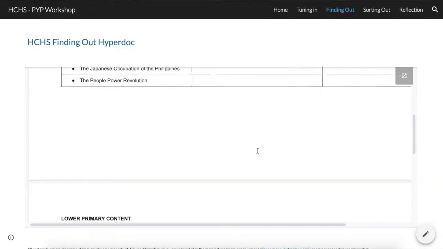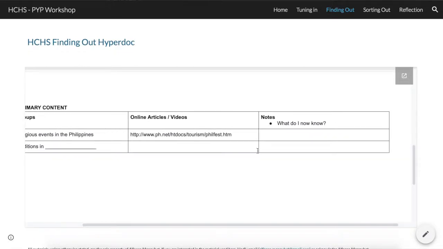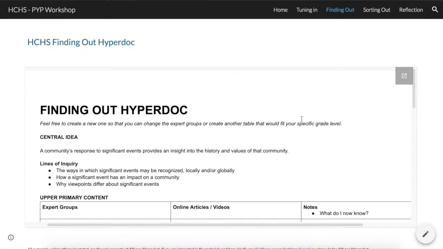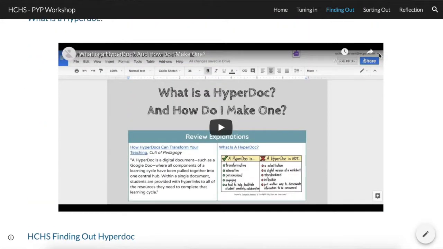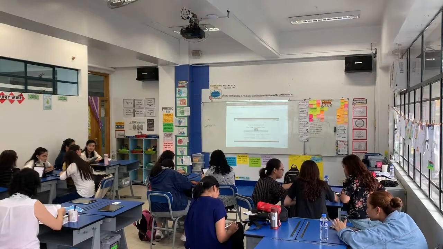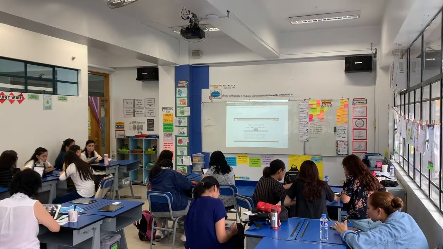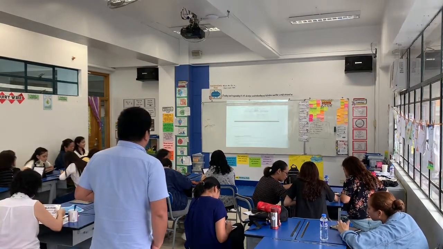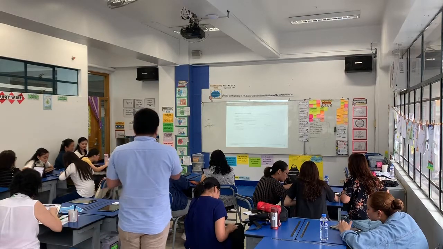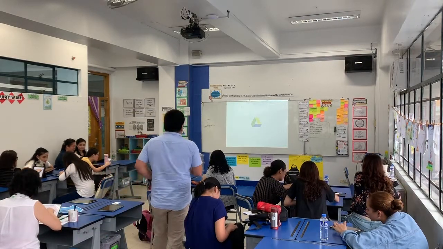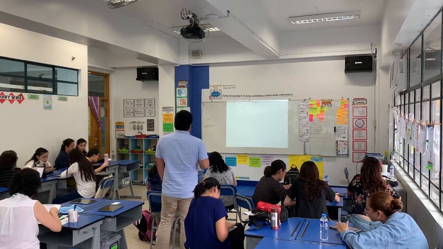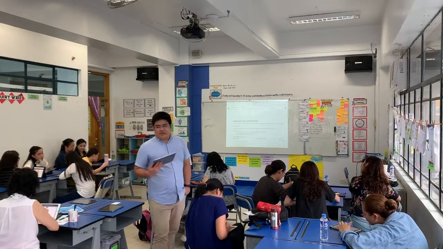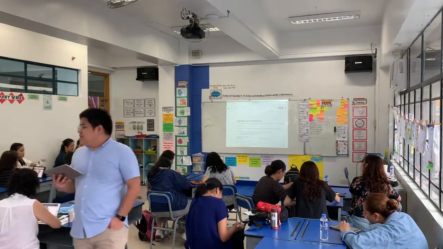And one way that I like to use the finding out and utilizing the different online sources is by creating a hyperdoc. A hyperdoc is basically a Google document where you can create all of your resources. This could be a teacher resource that we found online, or as the students continue into their finding out, they could start creating their own hyperdoc as well, where they add their resources and also materials that they can use.